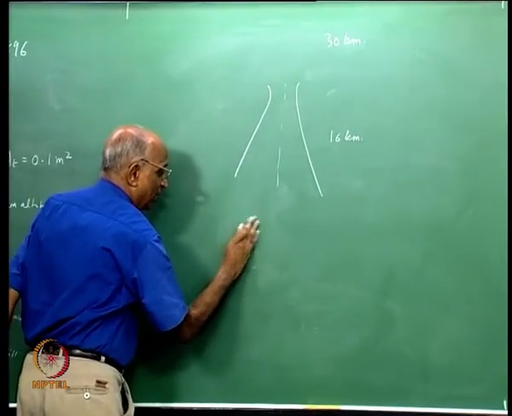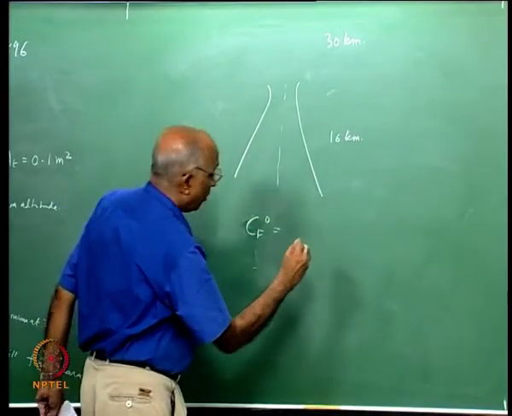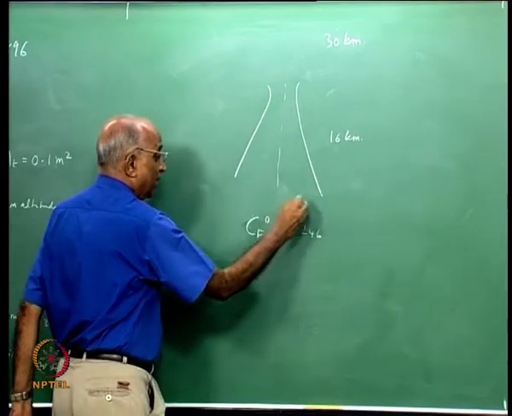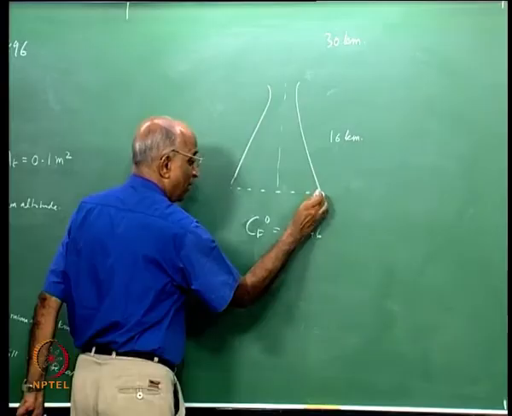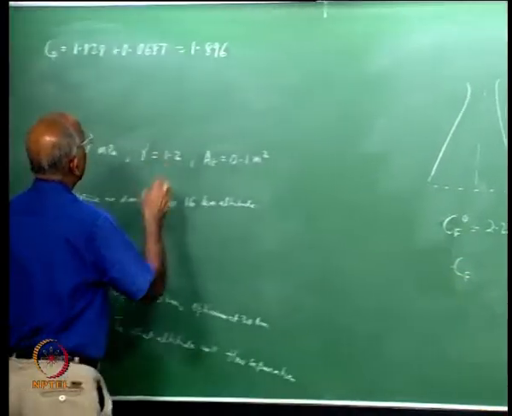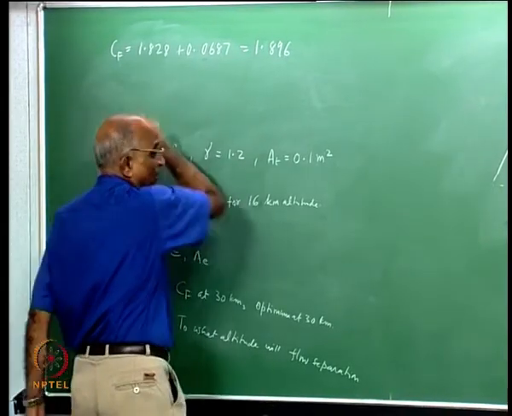I have the value of Cf optimum equal to 2.246. But since it is designed for a lower value of area ratio, I get a lower value of the pressure recovery as 0.0687 and I do not get this number to be high.